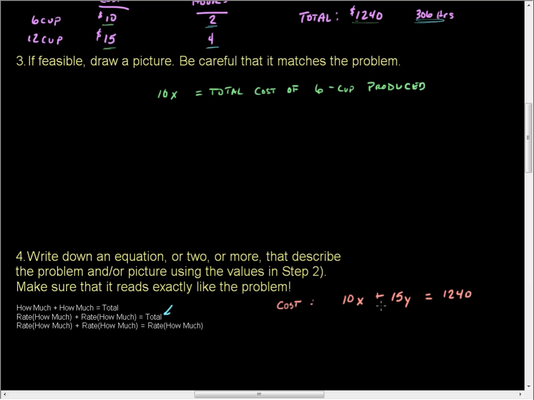So for our total cost, you add up the cost of the 6 and the cost of the 12 together, and you get the total. You do the same idea with the hours. It takes 2 hours to produce the 6 cups, and it takes 4 hours to produce the Y cups, or the 12 cups. The total time you're going to take producing these things is 306 hours.